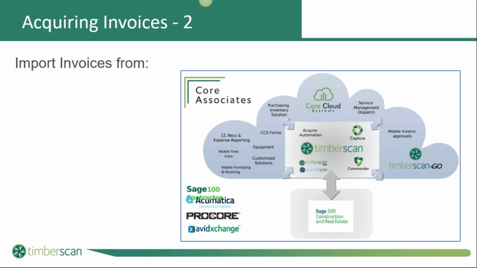Data and accompanying images can be processed into TimberScan, or data such as time entry can be sent directly over to Sage. There's a separate fee charge for our CCS products, which includes implementation and customization.